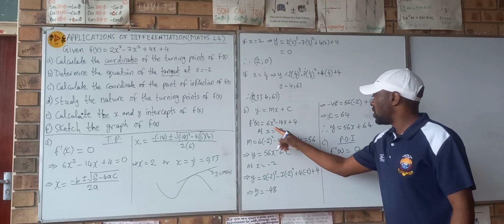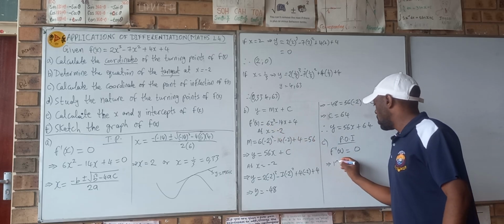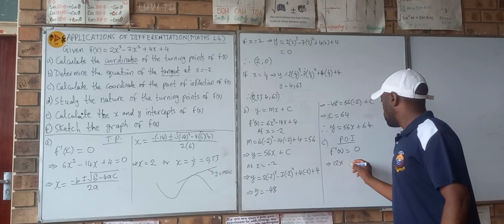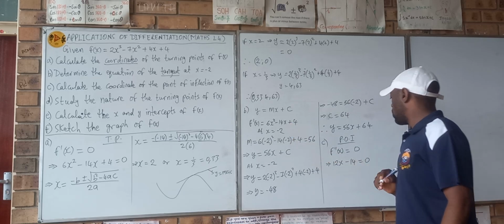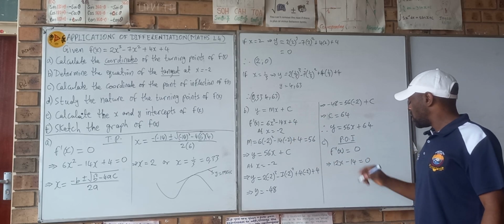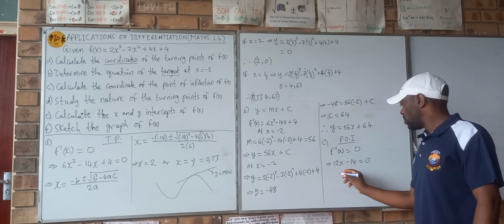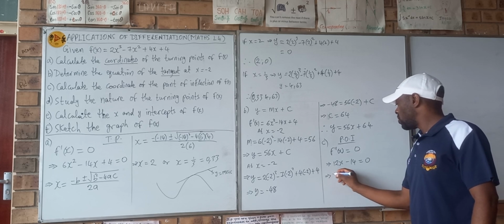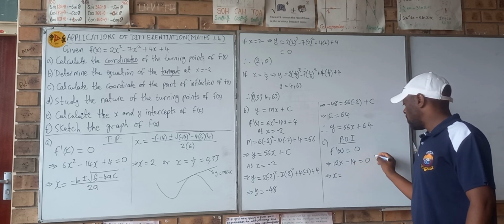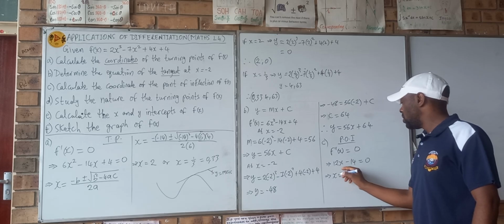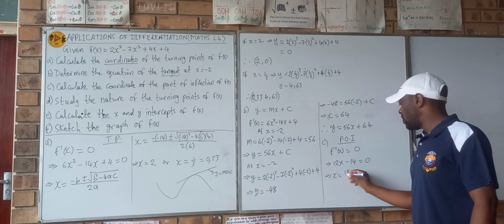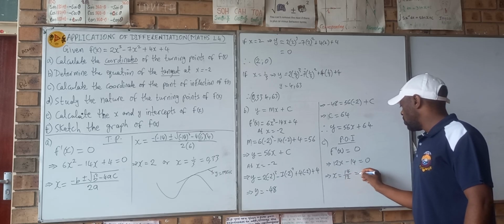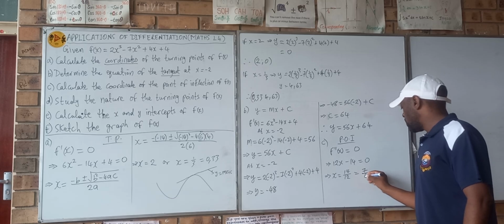So if I differentiate there, I'll get 12x minus 14 is equal to 0. Solving this equation for x, I'll carry 14 that side and divide by 12, so it's 14 over 12, which simplifies to 7 over 6.